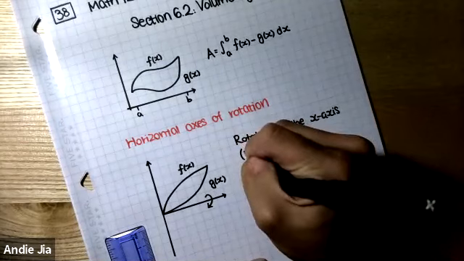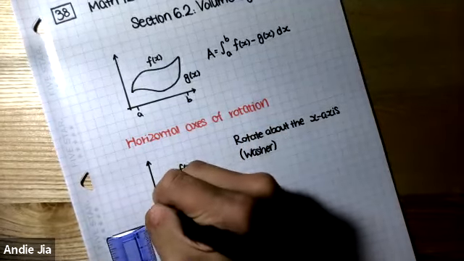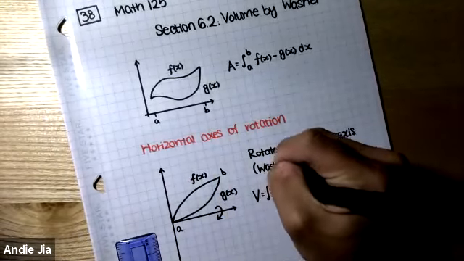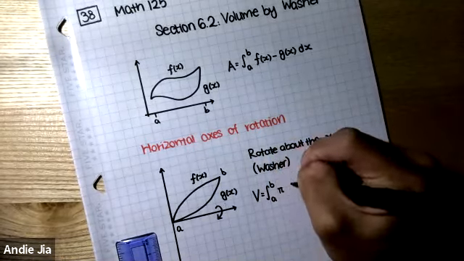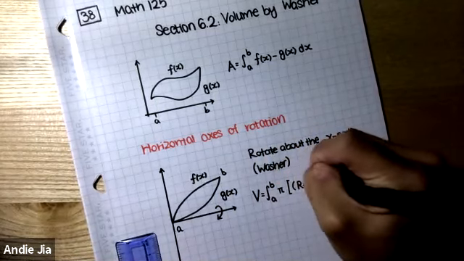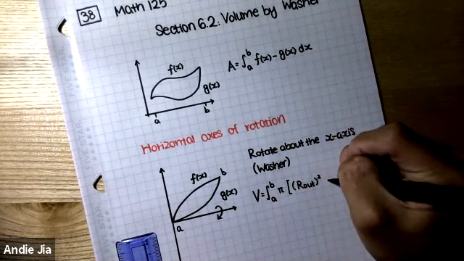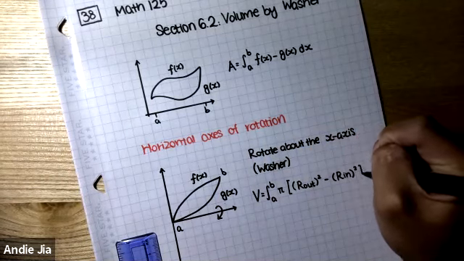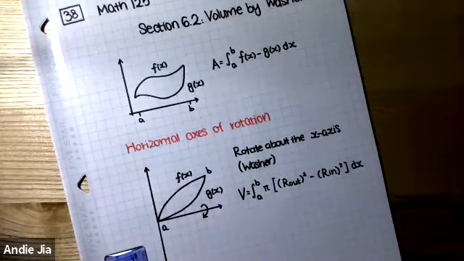The volume is equal to, with intersection points A and B, the integral from A to B of pi times r out squared minus r in squared dx.